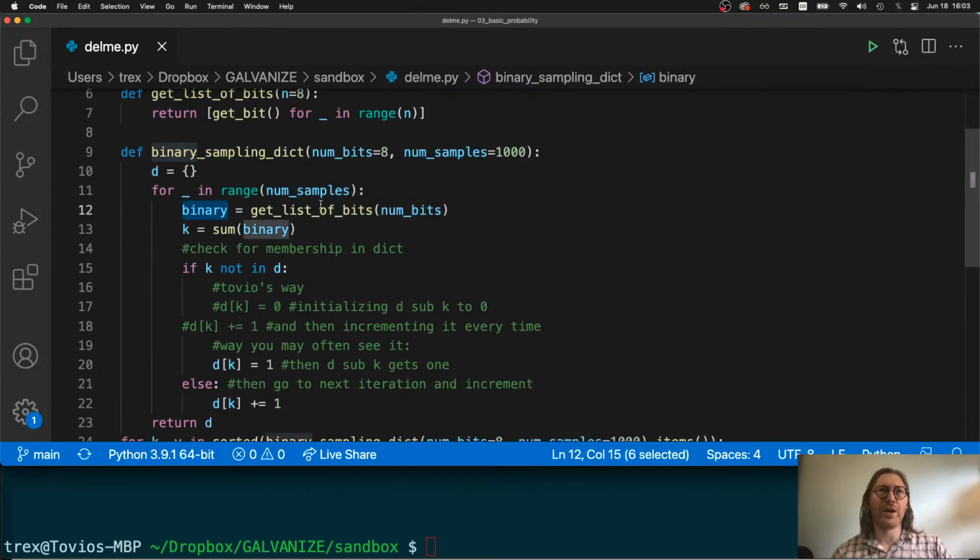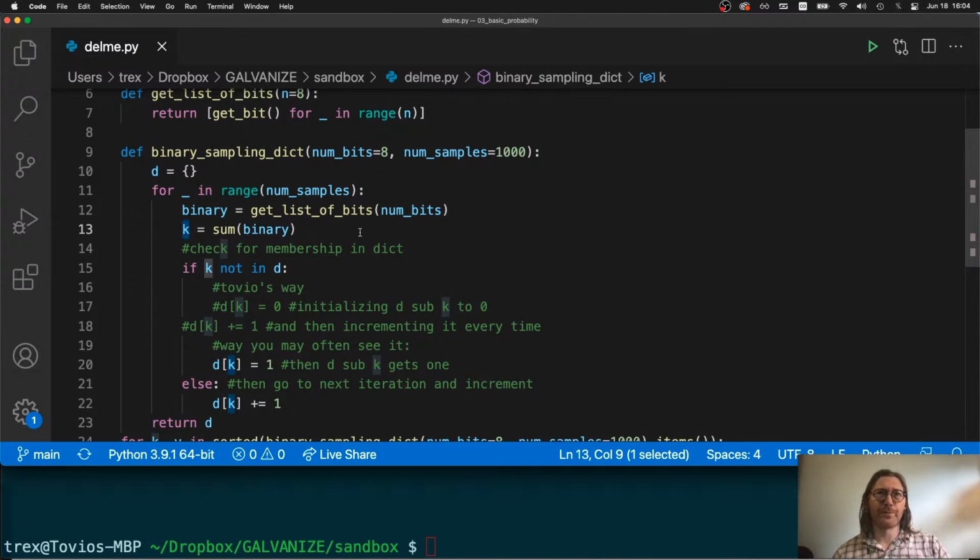We get some binary from list of bits, just random ones and zeros, by default 8 bits. We sum that binary and point at it from this variable k. So if we have 4 ones out of 8 ones and zeros, k is going to be 4.